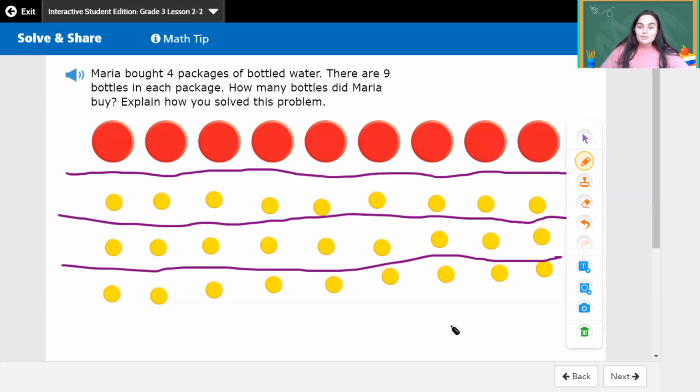Now what we have to do is we have to basically count them up, okay? If we know that this first group has 9, we know the second group has 9, the third one does also, as does the fourth one. We can join some of these together to make our multiplication / high-speed addition easier to do, okay? We know that 9 and 9 together make 18.